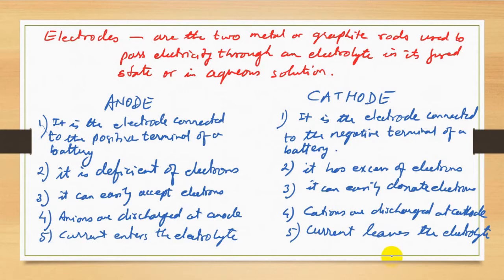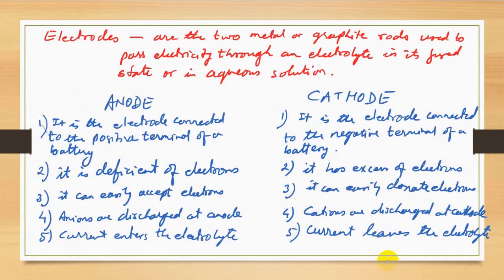So what you have done basically here is, an ion is positive. It will take an electron, isn't it? So what will happen? Anions are negatively charged.